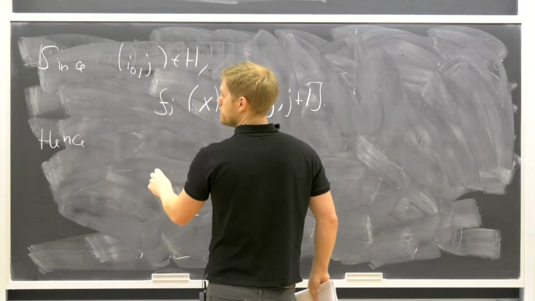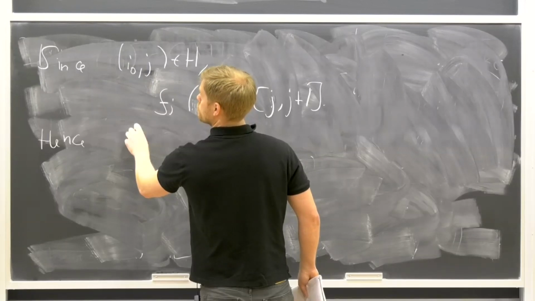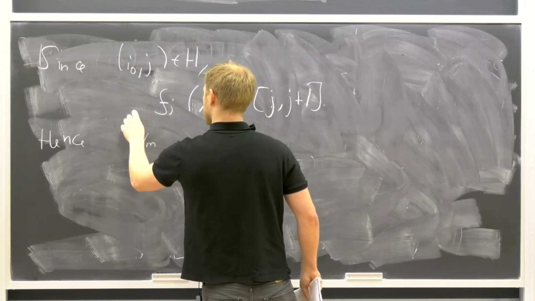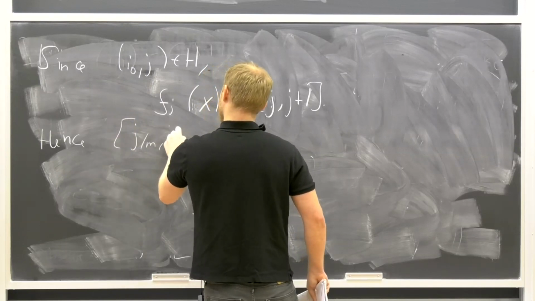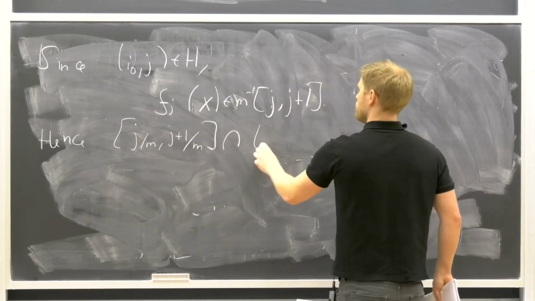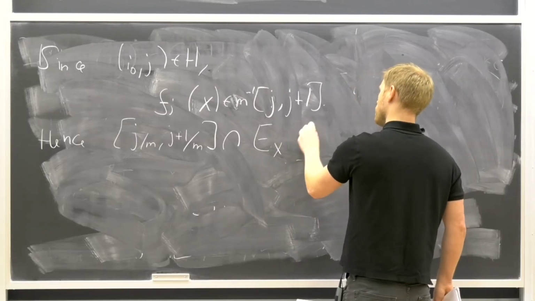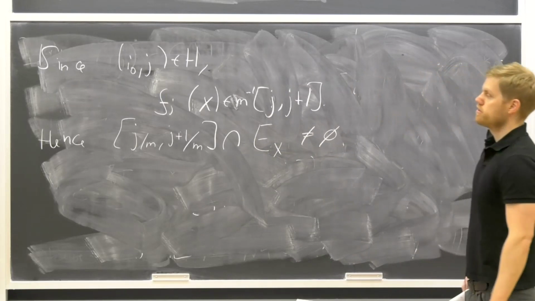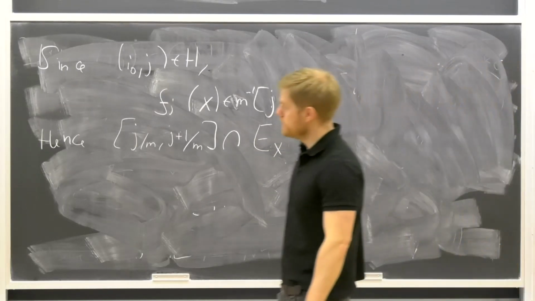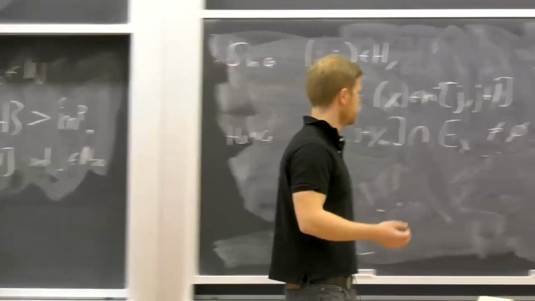Let's write it like this: J plus 1 intersects the fiber over X. So that means that for every J in this set, and for every X, the fiber contains something.